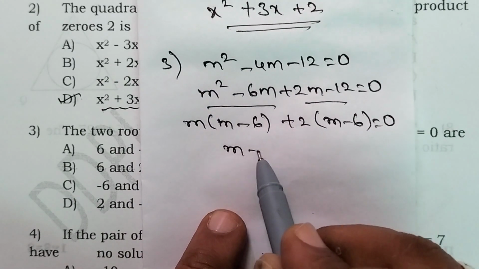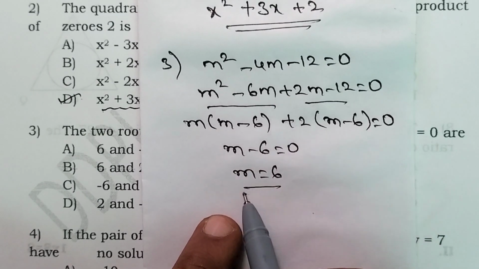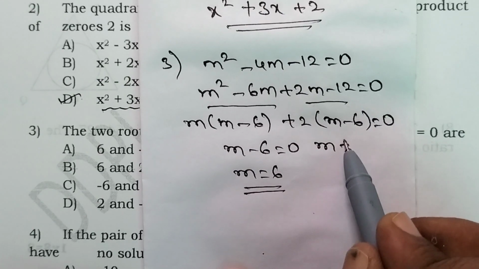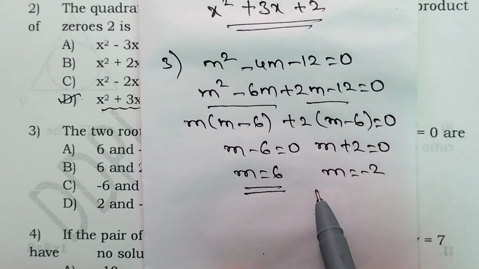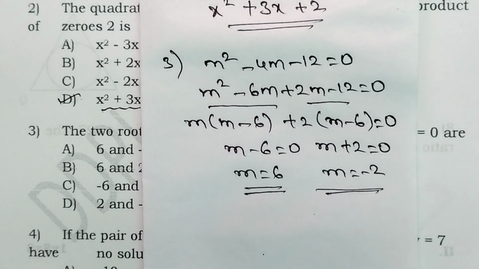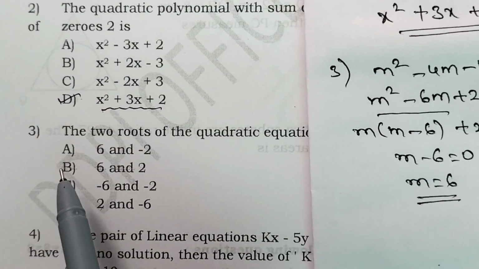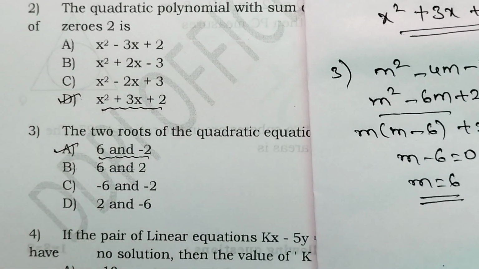So m minus 6 is equal to 0, m is equal to 6 is one answer. m plus 2 is equal to 0, m is equal to minus 2. Therefore, the answer is 6 and minus 2. So the correct option is option A, 6 and minus 2.